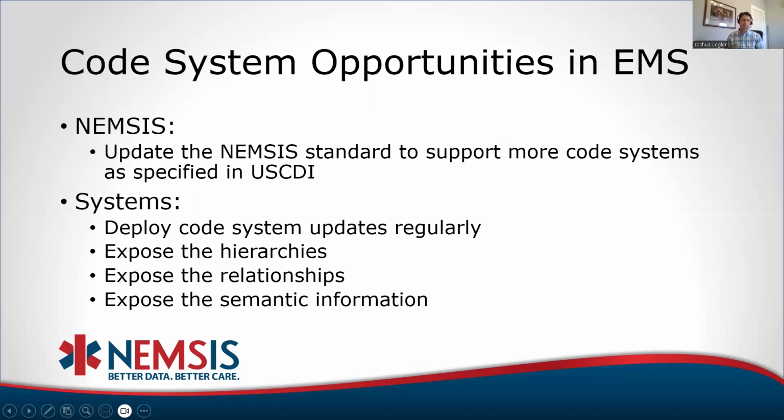A well-designed analytical reporting system would allow you to say, give me everything where naloxone was the ingredient of the medication that was administered, and it'll follow the relationships, find all of the 200 plus codes, and tell you every time a medication was given that had naloxone as an ingredient.